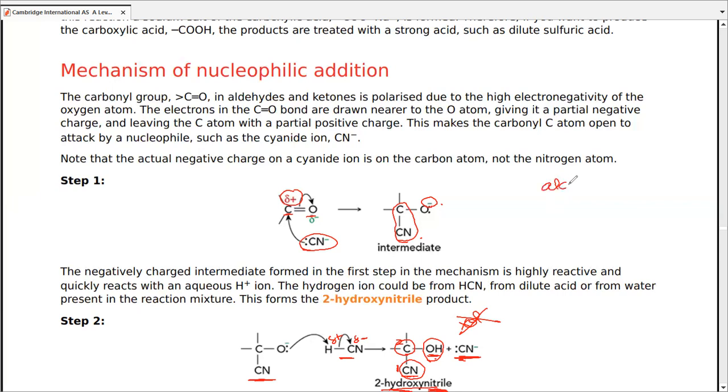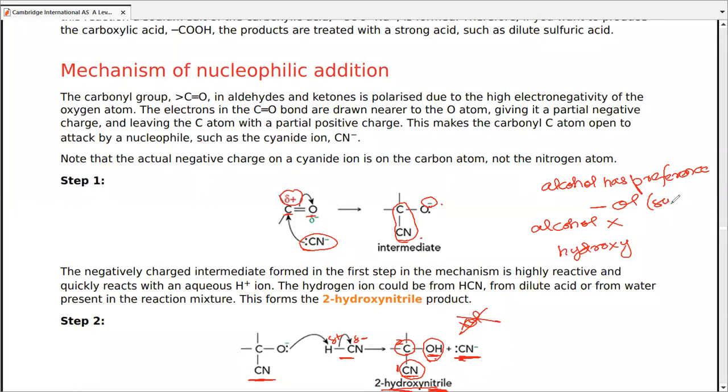This should give you the idea. When alcohol has preference in the name, then we use the suffix "ol." When alcohol has no preference, we use hydroxy.